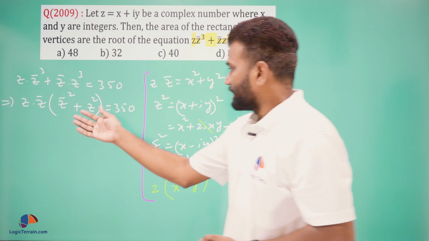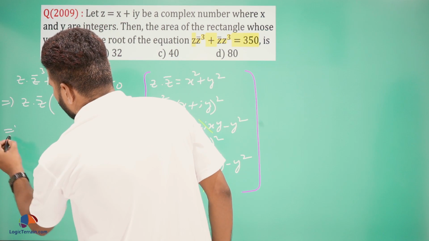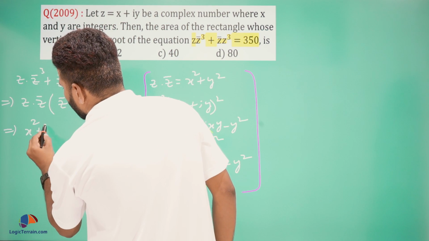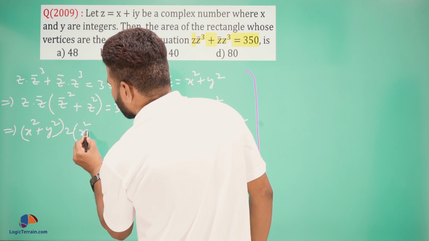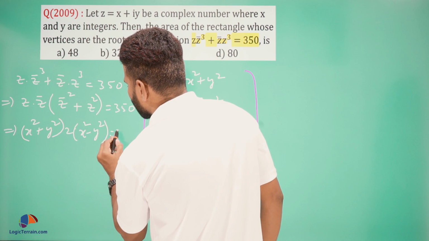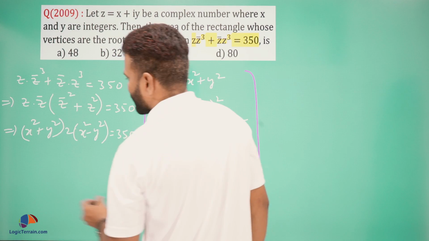We will substitute these values here. This becomes x square plus y square into 2 times x square minus y square equals 350.